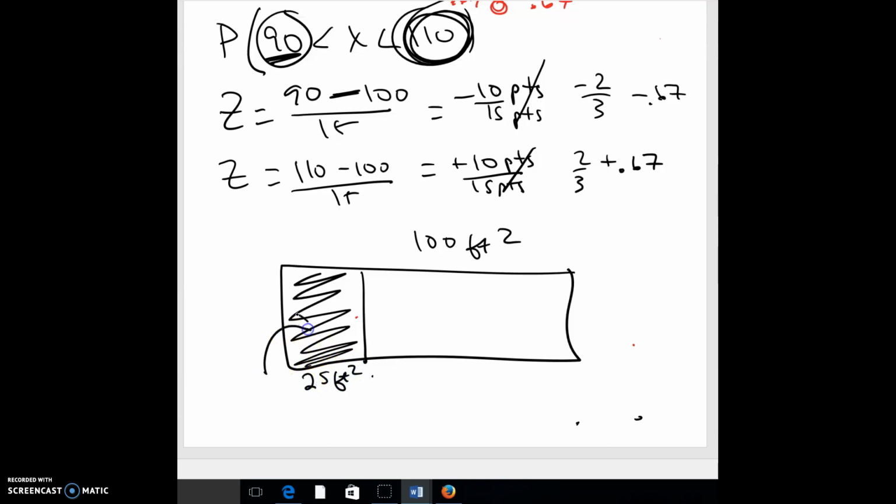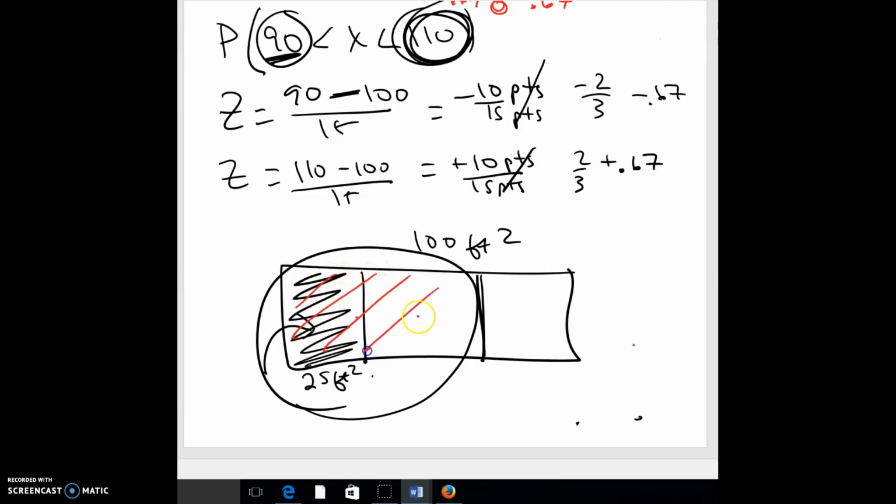And then someone else tells you that the area of all of this together, if you put these together, is maybe 70 square feet. And you're thinking to yourself, I just want the area of this middle part. I don't want that other part.